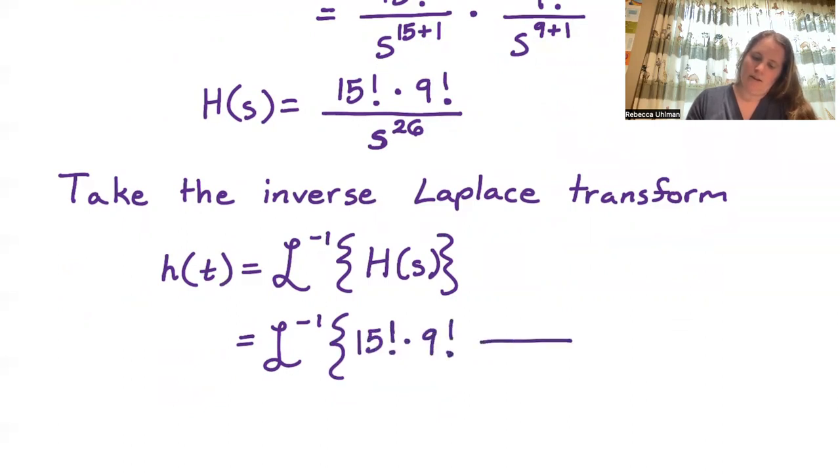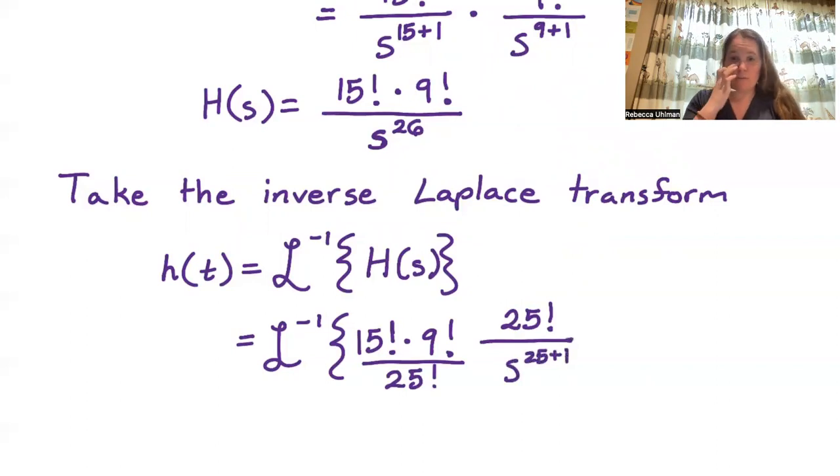We would need a 25 factorial in our numerator, so we're going to go ahead and divide by 25 factorial out front. And then the bottom is s to the 25 plus 1.